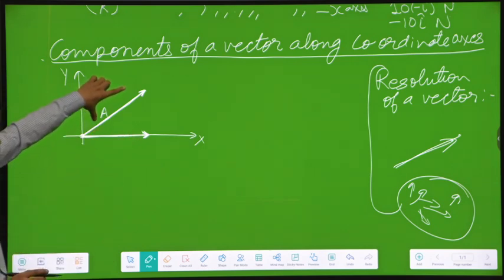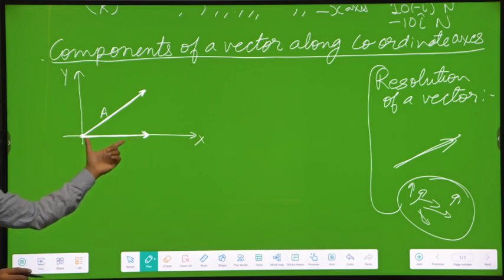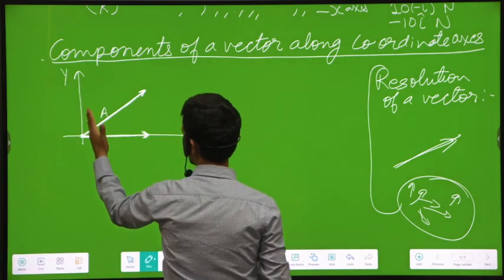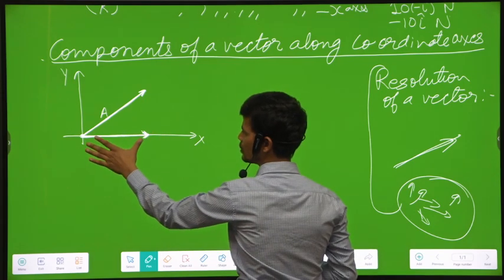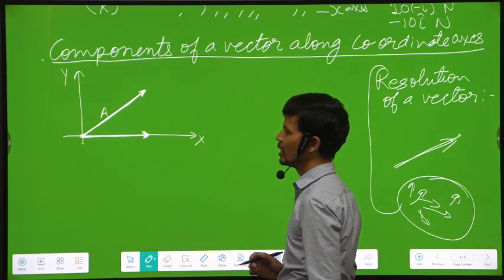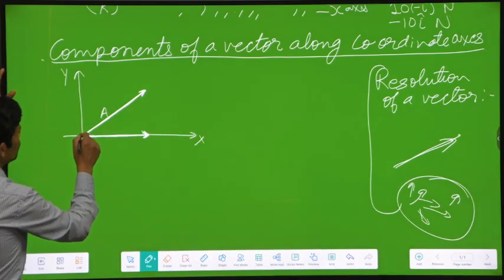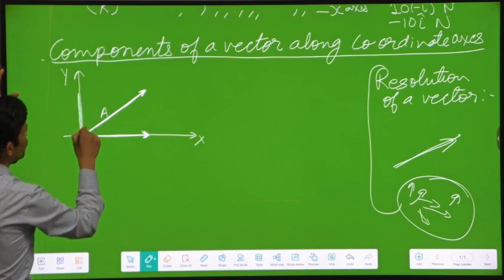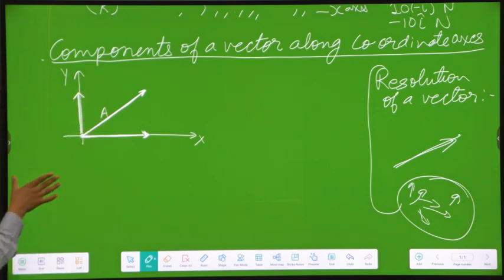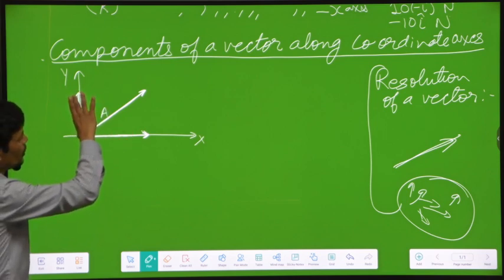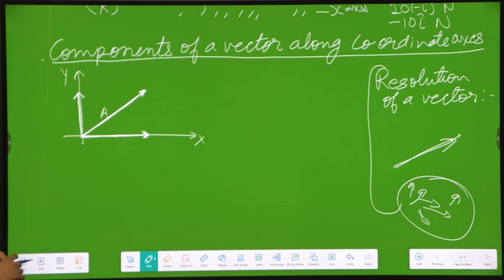Actually it has traveled this much, but along this axis we have to travel only this much because it has approached the x-axis only up to this value, and in the same way it has approached the y-axis only up to this value. So we can say that these two vectors together form this single vector, and that is totally true also.